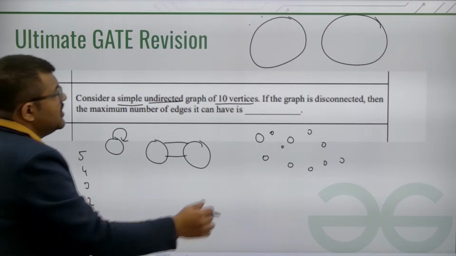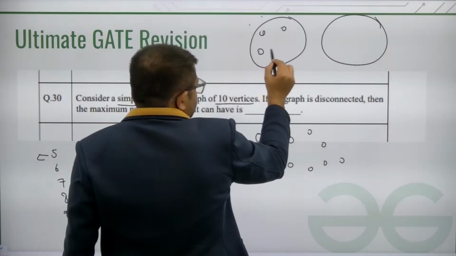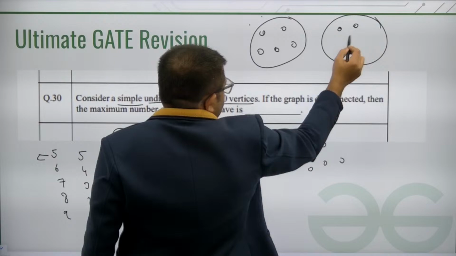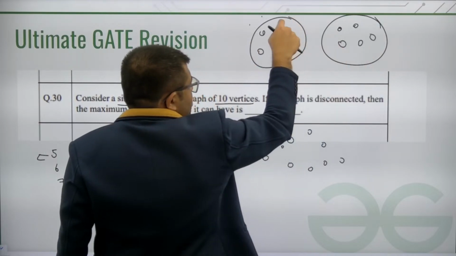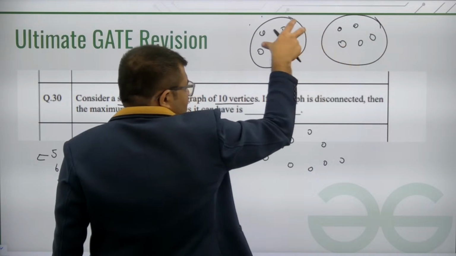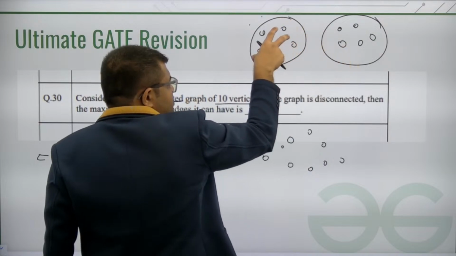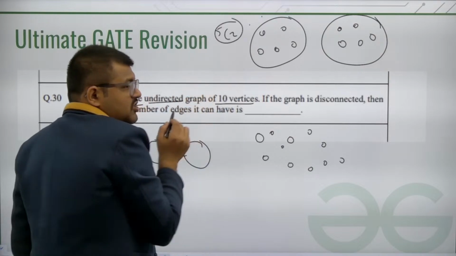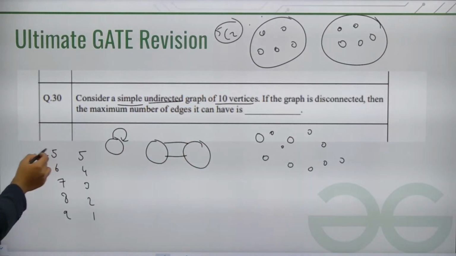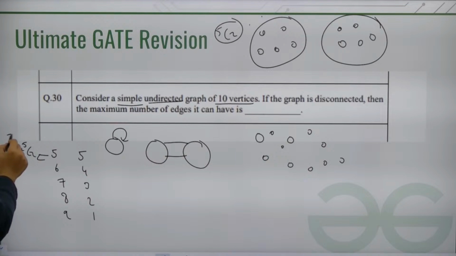If this component has 5 vertices and this component also has 5 vertices, I am not making any edge between a node here and a node here, but inside each I can make an edge between every pair of vertices, so the number of edges would be 5c2 for the first component, and 5c2 for the second component also. So this is how much? 5c2 is 10. 10 plus 10 is 20.